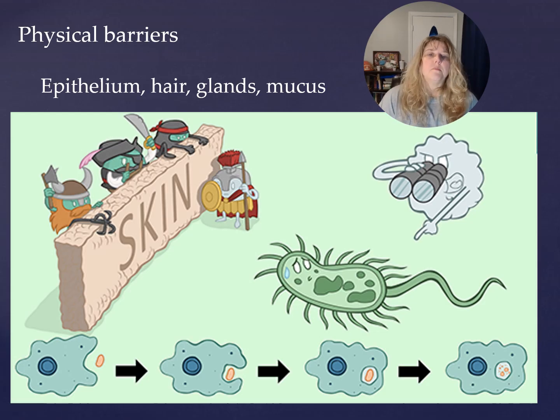All of those are part of that nonspecific immunity. Now, our physical barriers, this includes our epithelium, so we're talking about our skin. Also, the hair, the glands, and the mucus are all there. That's the very first barrier to protect us from the external environment.